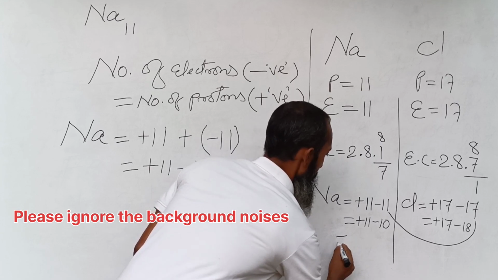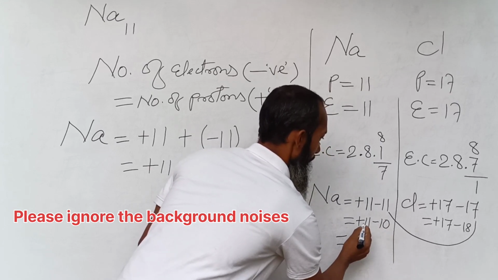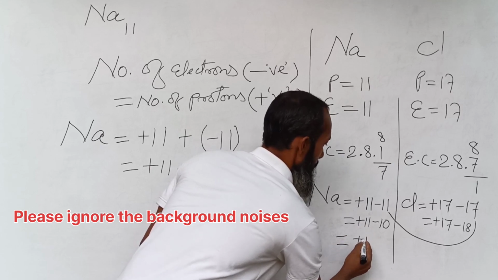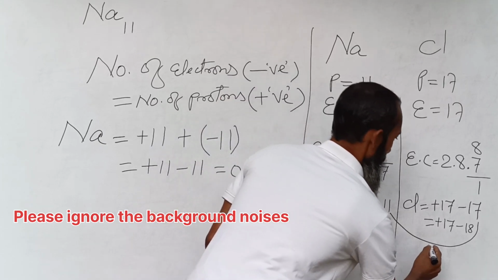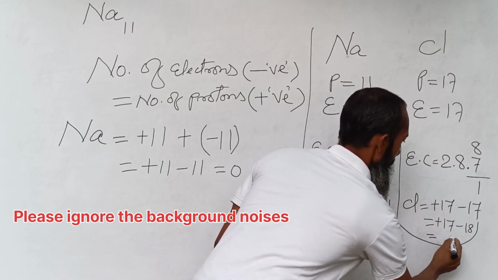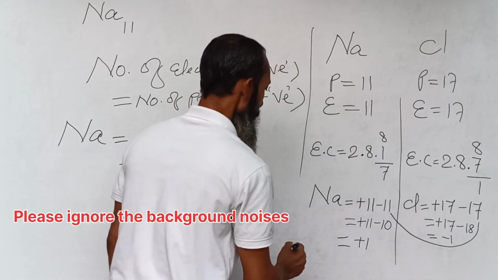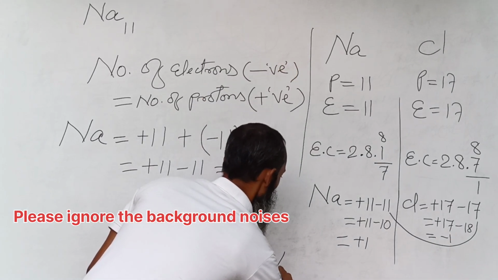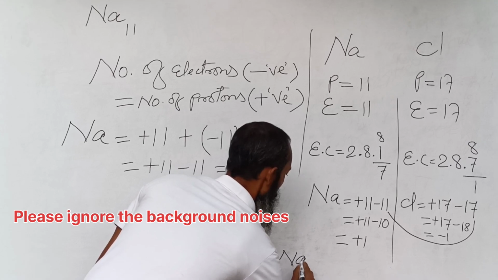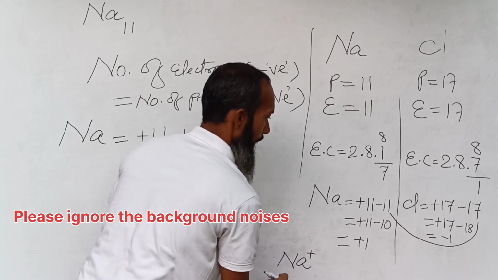Now for sodium, here 11 minus 10, it is 1. Here positive charge means proton. Here 18 minus 17, 1. Here negative charge. That's why we denote sodium, which donated 1 electron, by only 1 plus sign.